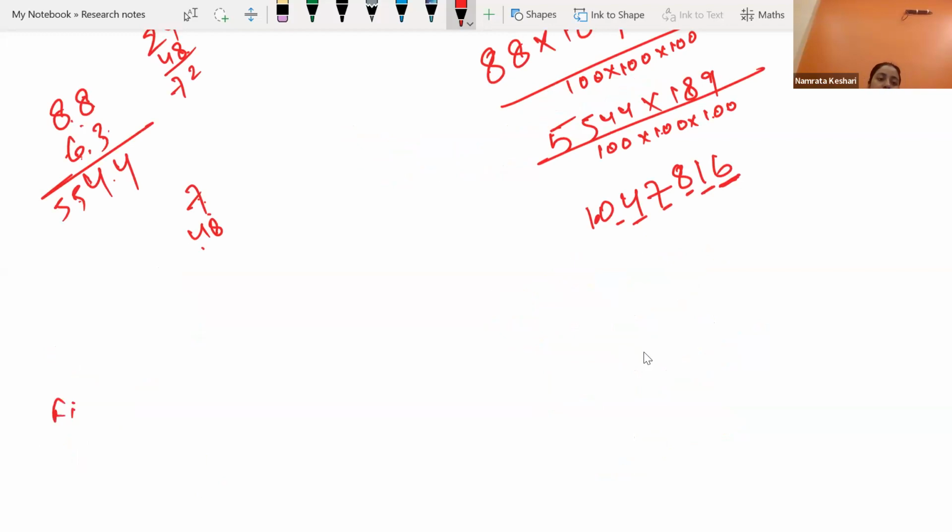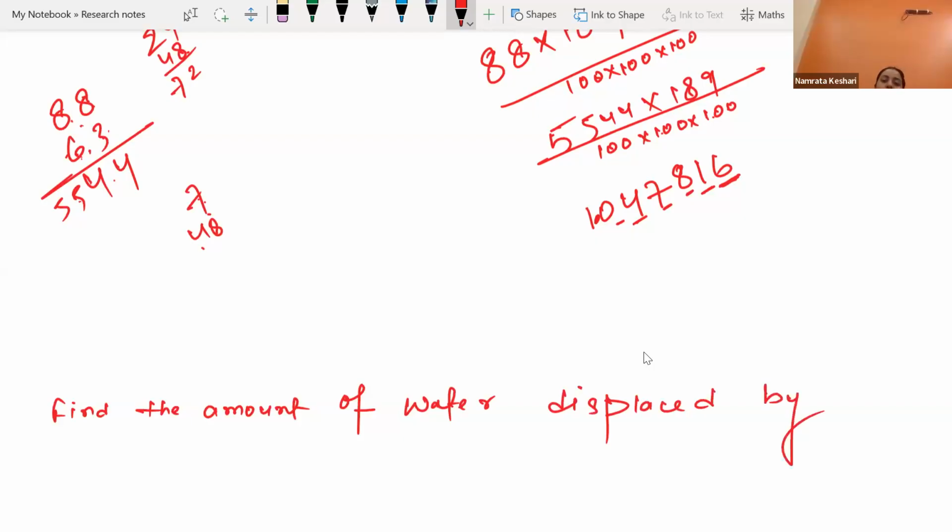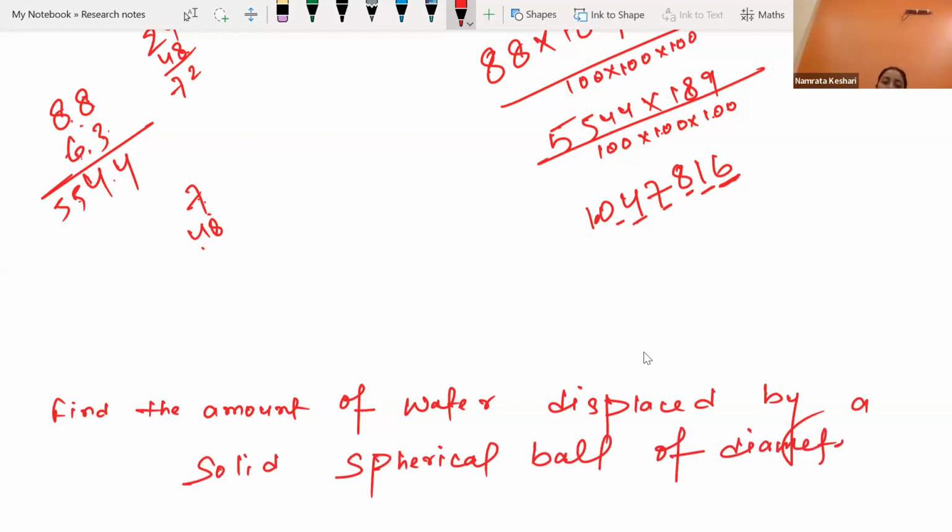Find the amount of water displaced by a solid spherical ball of diameter 28 centimeter.